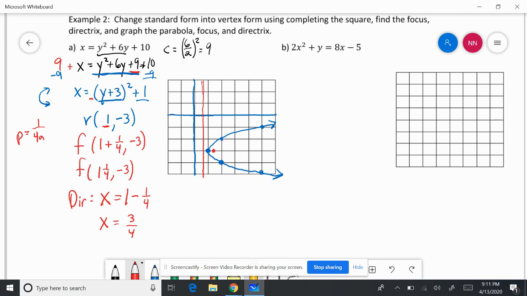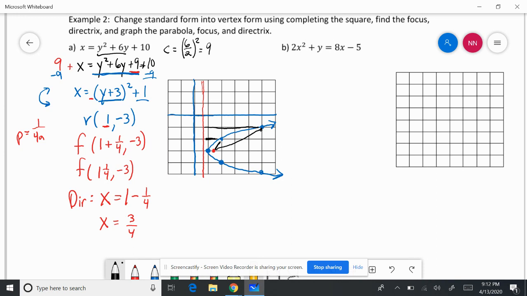And just as I stated before, whatever distance we have right here is going to be the same distance we have right here. So this point from the focus is going to be the same distance as this right here.